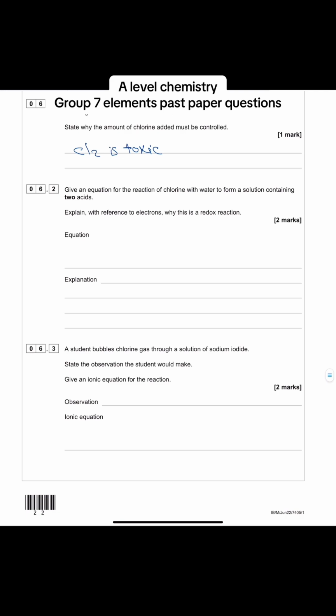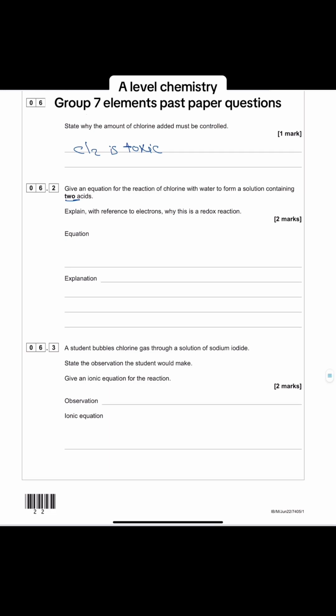Give an equation for the reaction of chlorine with water to form a solution containing two acids. So this is the same question we just answered. However, they are now asking you specifically about the one that will give you the two acids. So we have to write the disproportionation one, which forms the chloric(I) acid and the hydrochloric acid.